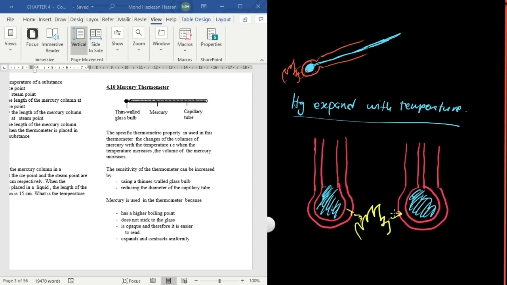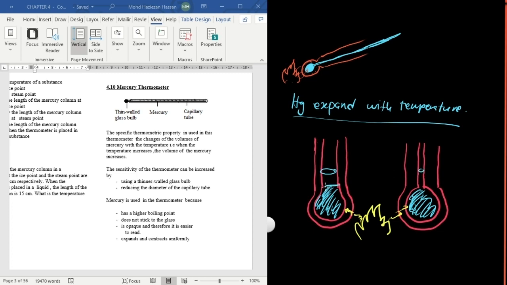Same thickness, so it will reach the mercury at the same time, and the mercury will start to expand. The rate of expansion of the mercury will be the same, but the diameter of this capillary is different.